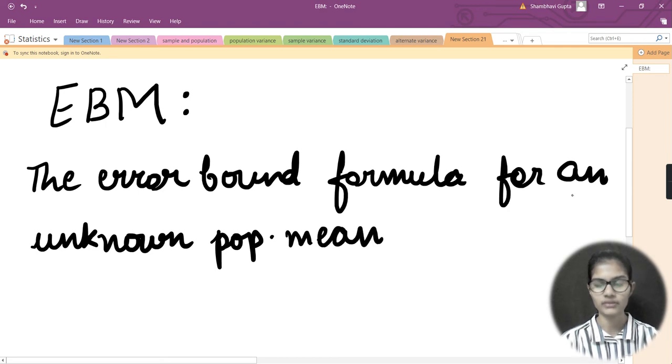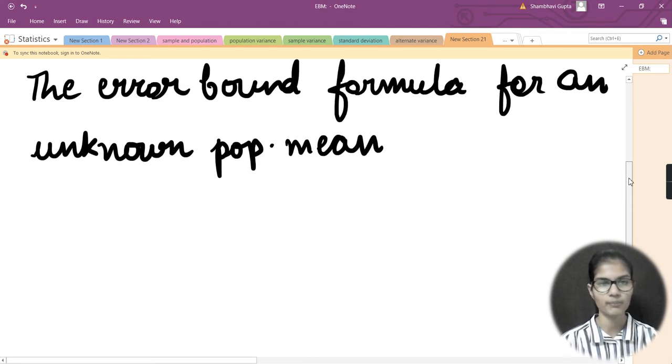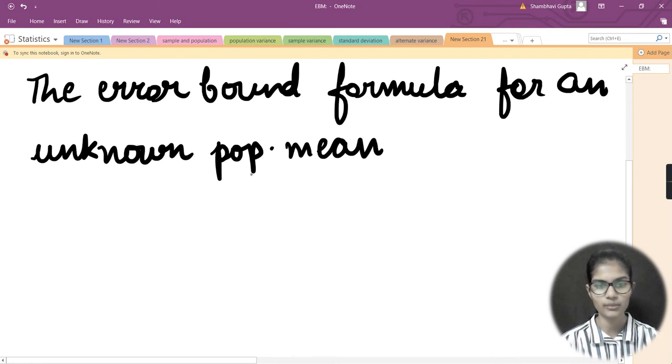As we all know, EBM works on the unknown population. We basically have some population parameters, and population mean is one of those parameters, as we discussed previously in the videos. The population mean is denoted by mu. Mu is the symbol for the population mean.